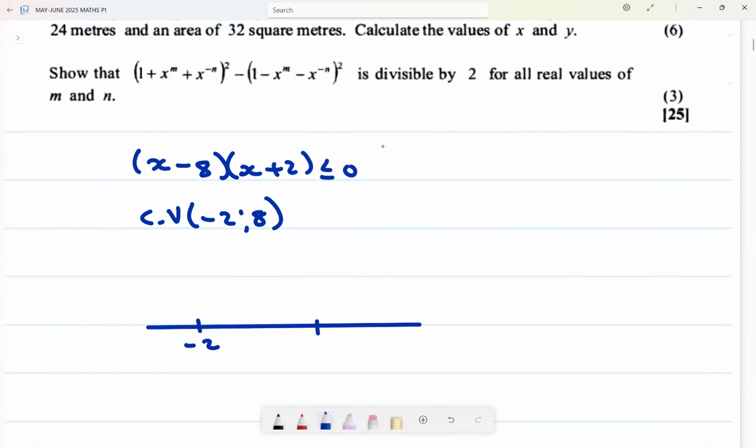I need to see if it is a parabola facing upwards or downwards. I need only the coefficient of x squared. x multiplied by x is x squared, so it is positive. So it's going to be facing upwards, like a smiling face. We want where it is less than or equal to 0, so it is this portion.